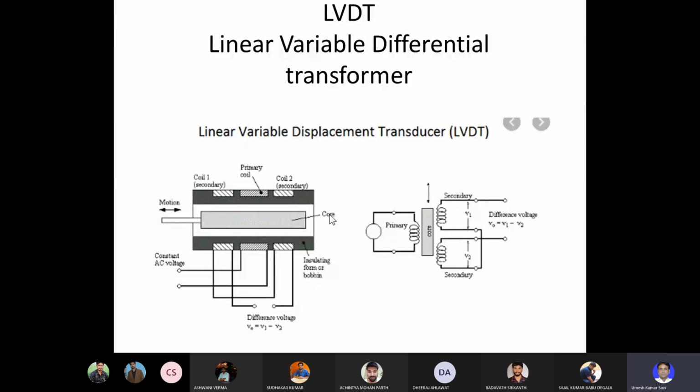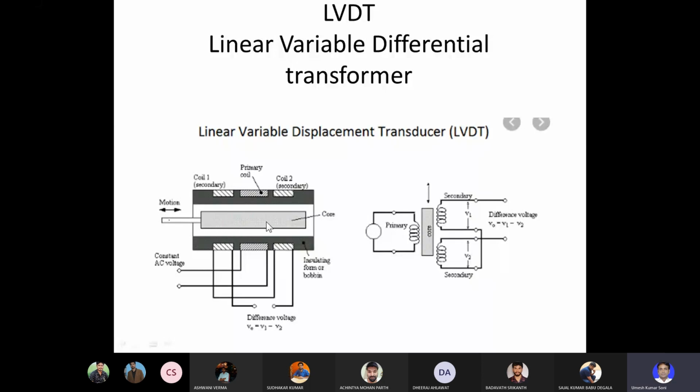You can see here, whenever we have a constant AC supply in the central coil given to the primary, there is a magnetic flux linkage to coil 1 and coil 2 due to this magnetic material, which is a core.